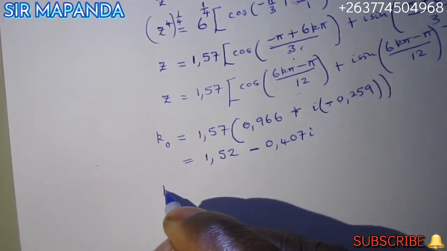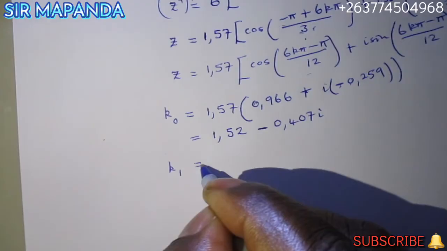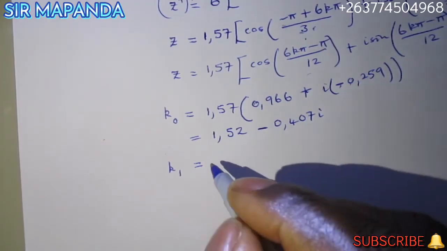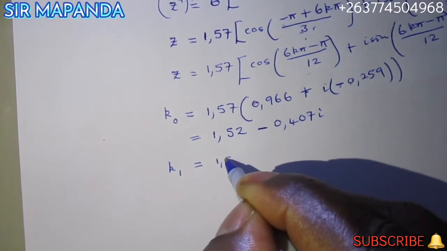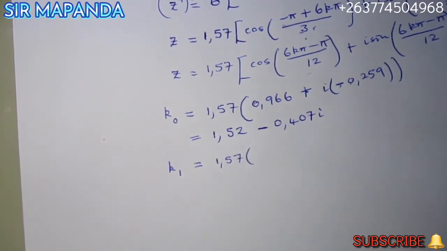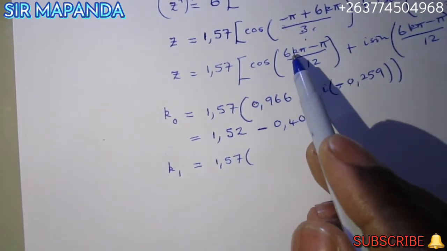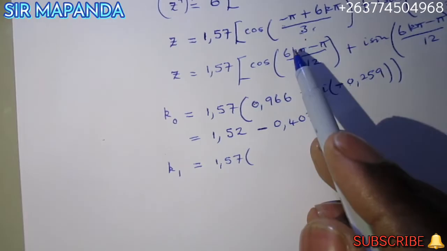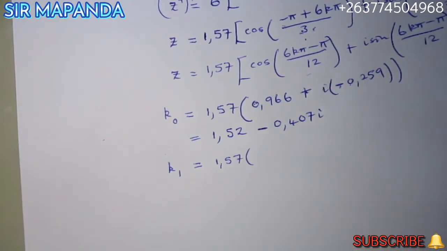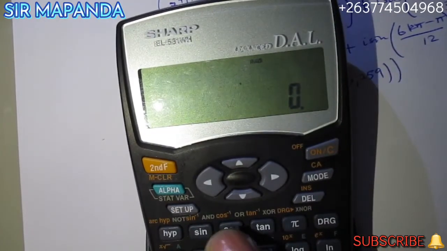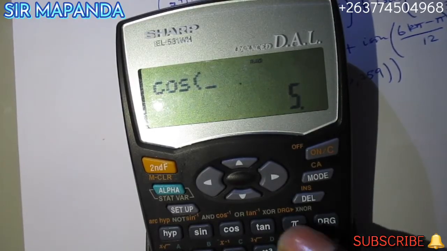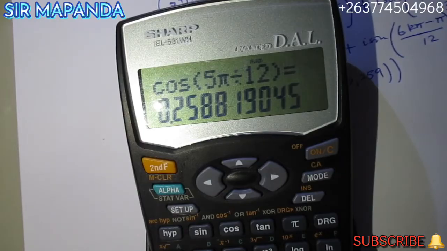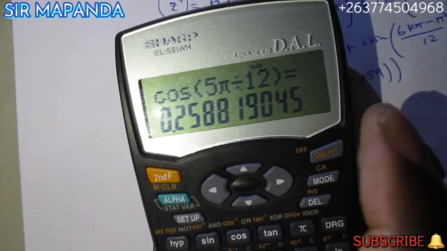Right, so the second root is going to be obtained when the value of k is 1. We are now putting 1 on k. So first let me write 1.57, then I put my open bracket. If you put 1 on k, this 6k pi becomes 6 pi. So 6 pi minus pi, you get 5 pi. So we now want to calculate cos 5 pi divided by 12. It produces 0.259.